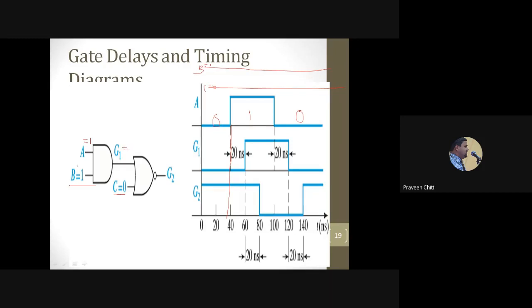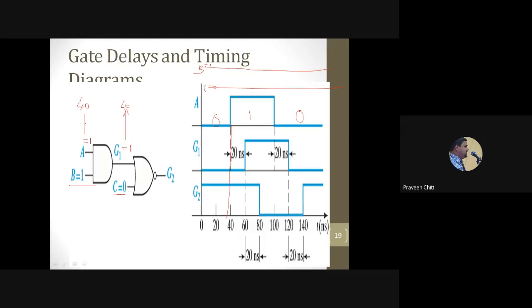G should be how much? Because it is an AND gate, G also should be 1. So when will you get G equal to 1? At 40 itself, because A had changed to 1 at 40 nanosecond. So G also should change at 40 nanoseconds, yes or no?